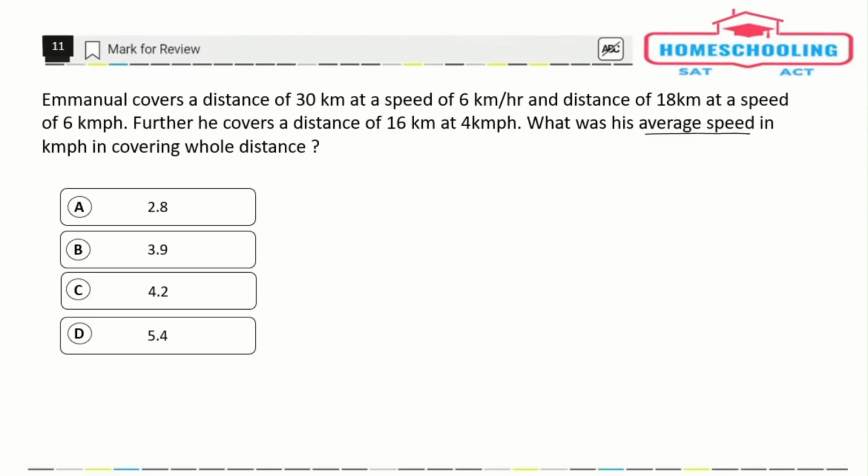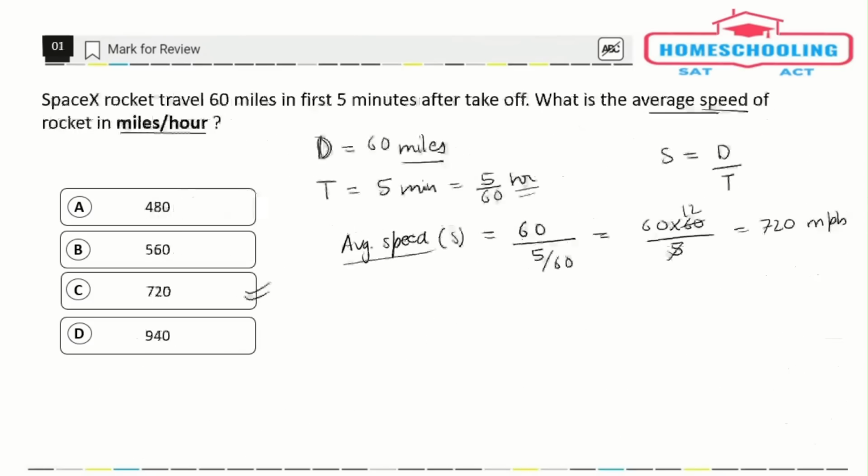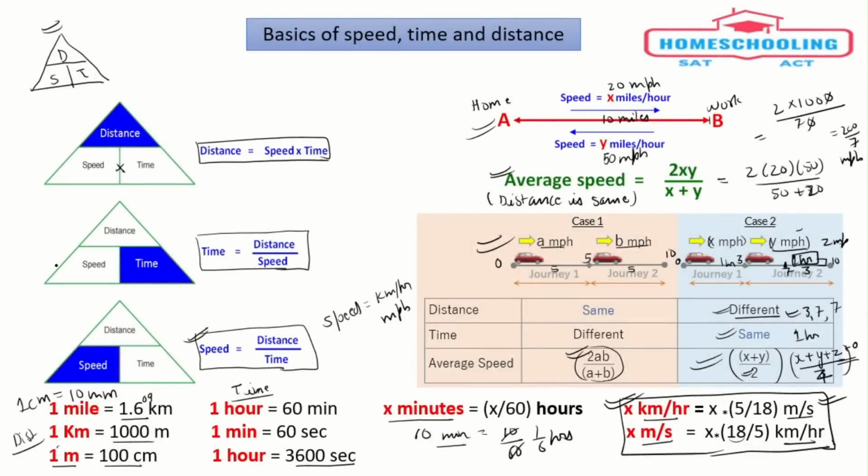So if you remember in the first slide when I was teaching you the basics, let me go to that first slide here. As we can see in case 2, the distance was different.